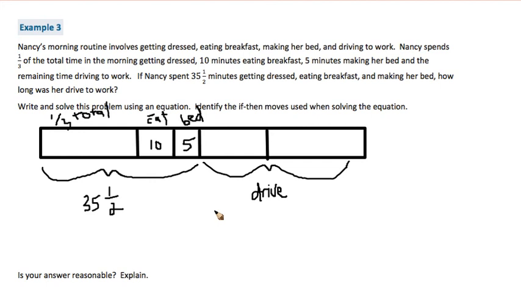So what we're going to do is use that information, all of it, to make an equation. And our equation is 35.5 minus 10 minus 5, because if we take the total of these three and subtract the 10 and the 5, is equal to 1/3 of the total time. 35.5, this section, minus 10 minus 5, is equal to 1/3 of the total.